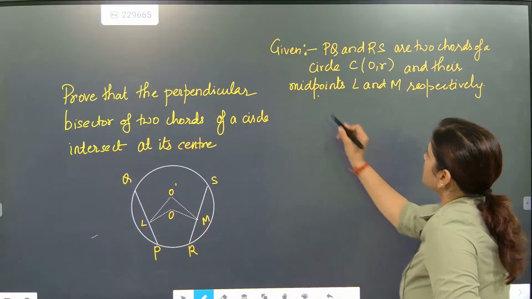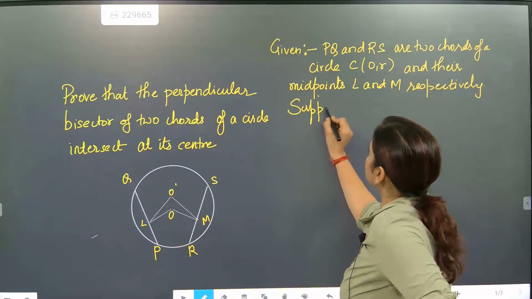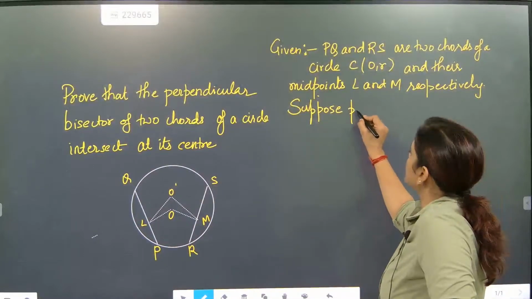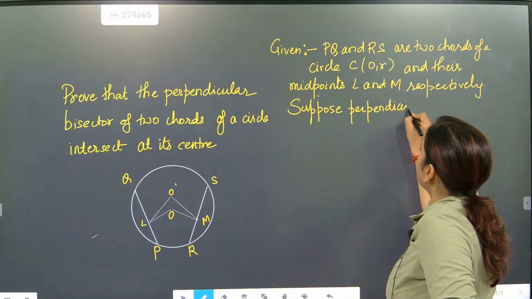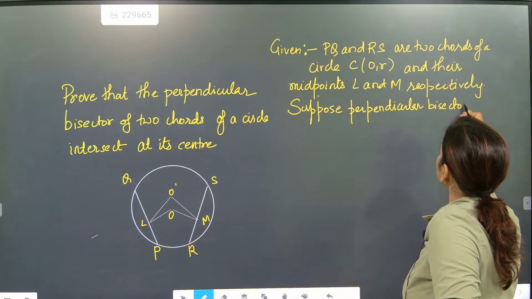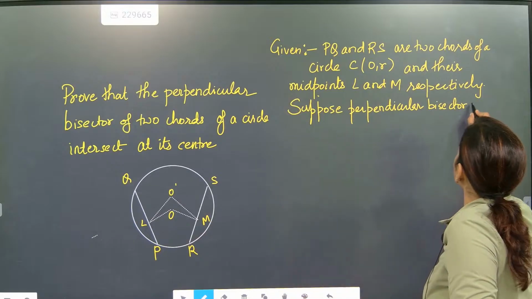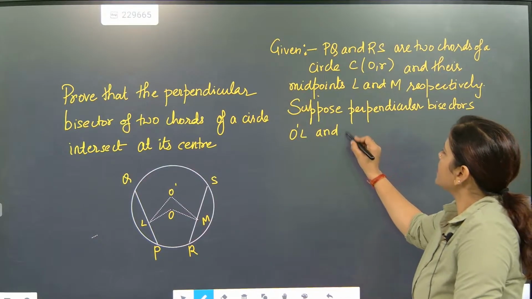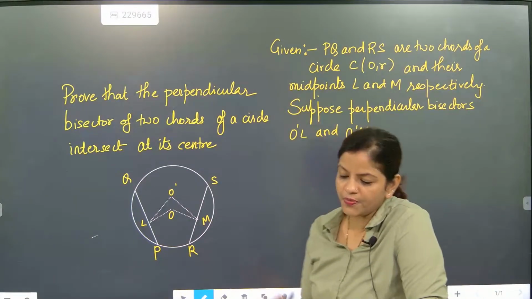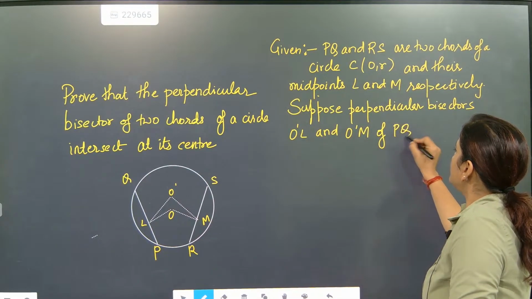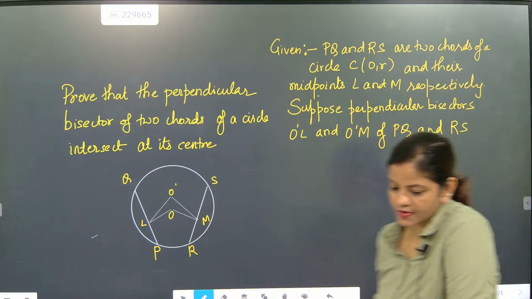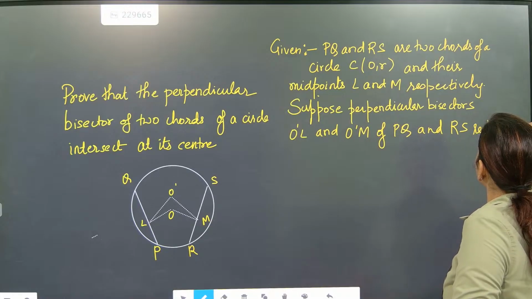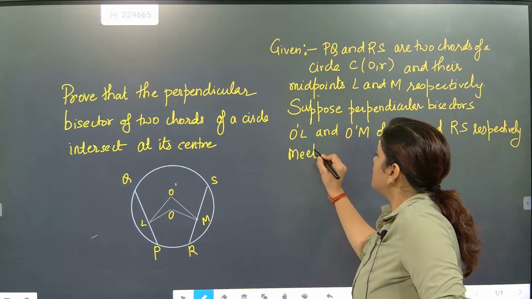What will we write? Suppose the perpendicular bisectors O dash L and O dash M of PQ and RS respectively meet at O dash.